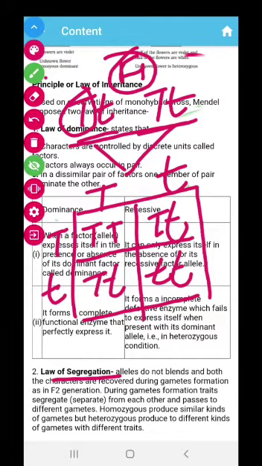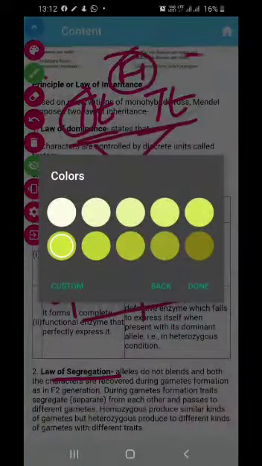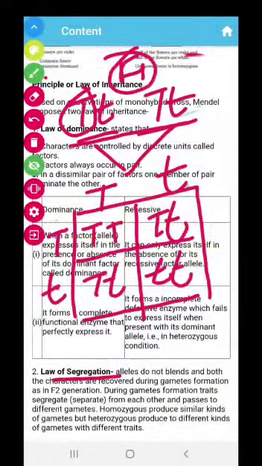Now if you look a bit closely, you will find that this character resembles the parental character from when we first crossed, and this character resembles the female of the parental generation, the generation before this generation. And these two are the pure forms of the character.